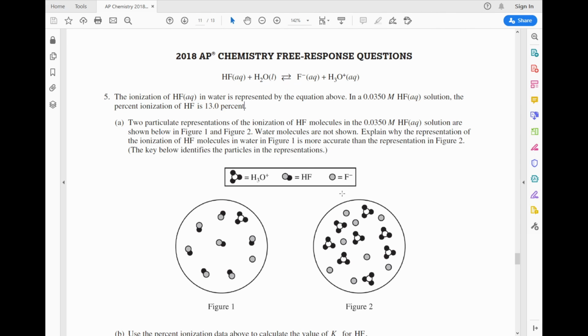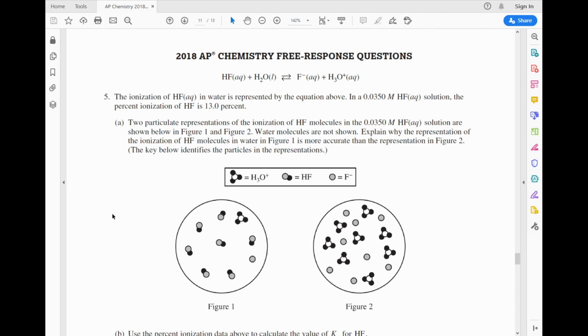Here, we have no HF. That means this is 100% ionization. There is no HF left over, which means that this is a bad representation because we know it's only 13%. This one has both HF and F minus and H3O, and the H3O and F minus are very small concentrations. That tells us that way.